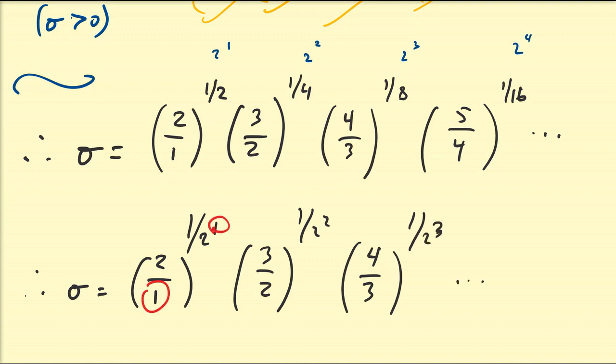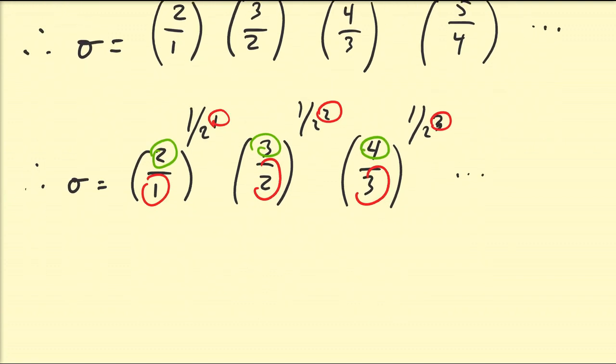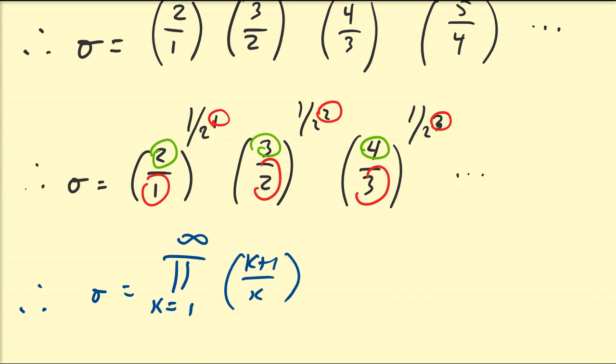Notice my bottoms are the same for all of these, and the top is one more than those. So I'm going to represent this as the product from k equals 1 to infinity of k plus 1 over k raised to the power 1 over 2 to the k.